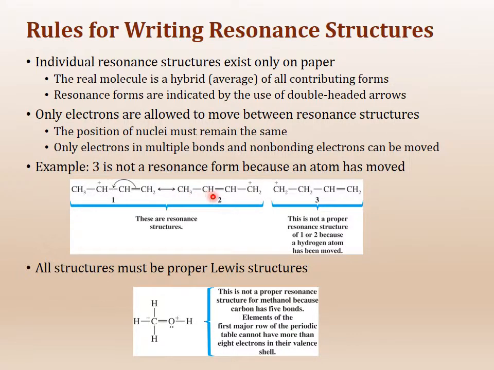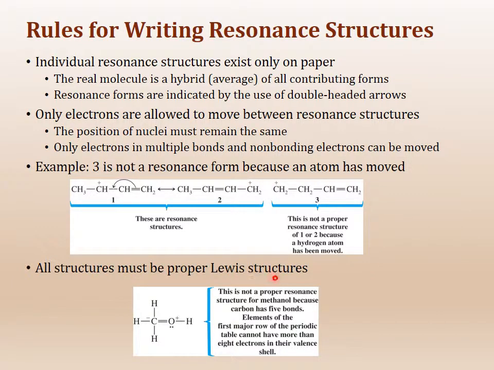Okay, this was a CH3, this is a CH, but in this structure, the hydrogen atom has moved from the first carbon to the second one, and that is not the rule for writing resonance structure. So this is not a contributing structure, this is not even a resonance structure, this is some other thing. Okay, and so that's not a resonance structure.